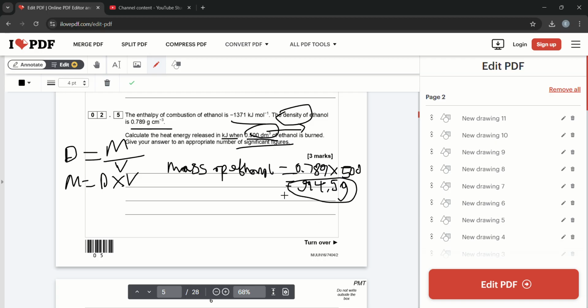Now we've got the mass of ethanol. What else can I work out? The moles of ethanol. How do you work that out? It's just the mass, which we worked out, 394.5, divided by the Mr of ethanol.